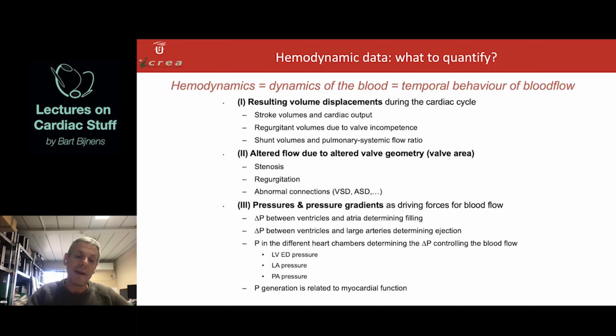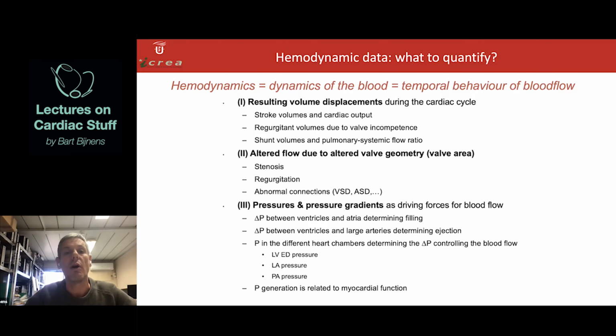Because we have a pulsatile cardiac contraction and cardiac flow, it's a dynamic phenomenon. And this dynamics is important because both the onset of the contraction and the onset of the flow, what happens there, as well as the bulk dynamics, and what happens with the filling and so on, and how this is changing with disease, that is important.